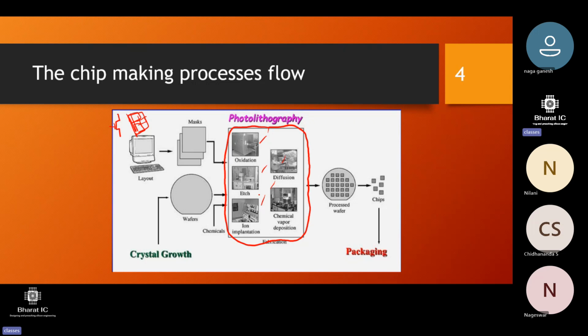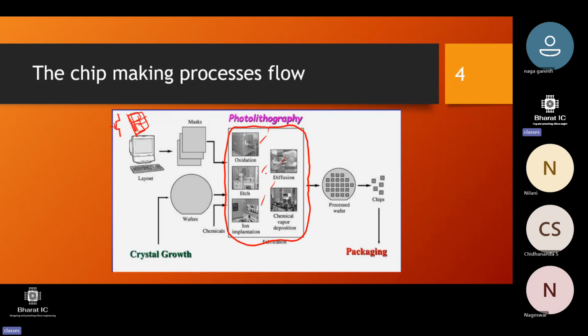If the interviewer asks you, can you explain the flow of fabrication? You have to explain in this sequence. First layout, then from layout a mask is created. On the other side, the wafer is created from crystal growth. Then on that substrate, all things are created. As I told yesterday, after coming into this box part, you have to explain the parts I told you yesterday, how to form NVL, how to form metallization.